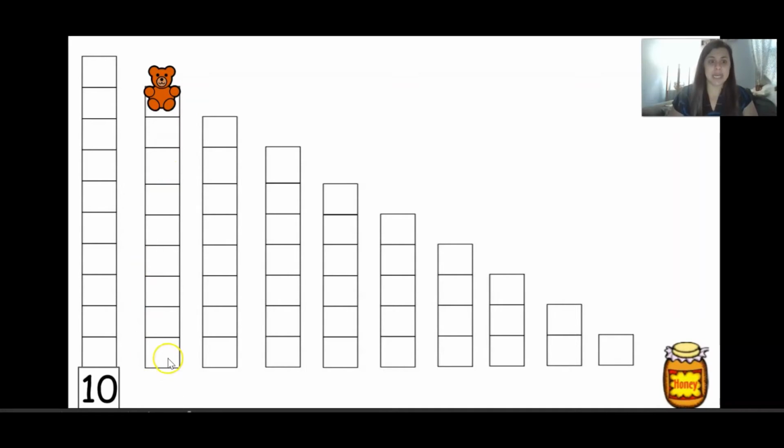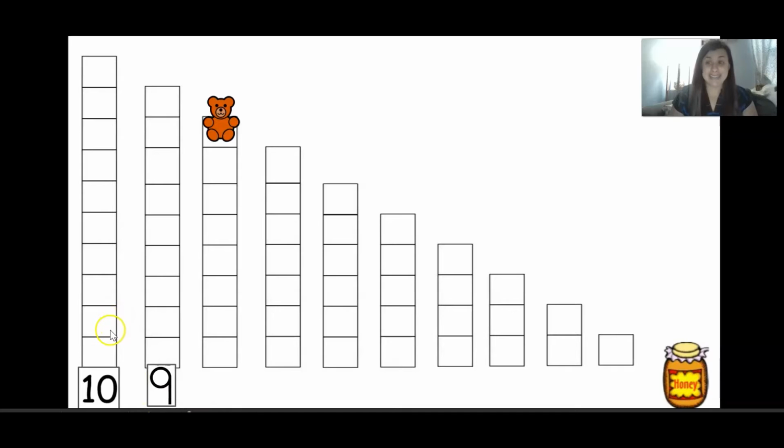Let's count our number tower. 1, 2, 3, 4, 5, 6, 7, 8, 9. 9 is 1 less than 10. You move to the next one. 1 less than 9.